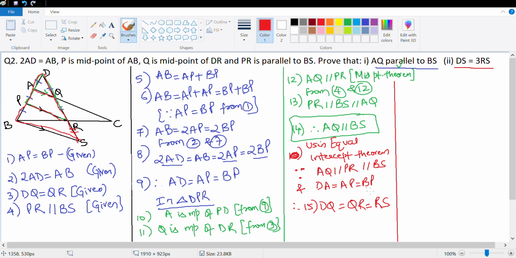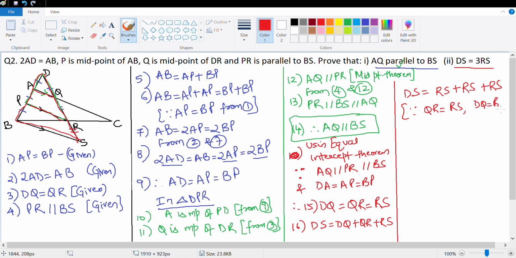Let's see what I have to prove. Number 16 would be DS is equal to DQ plus QR plus RS, which means DS is equal to RS plus RS plus RS. Why? Since QR is equal to RS and DQ is equal to RS from number 15.